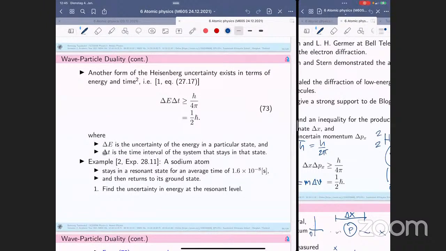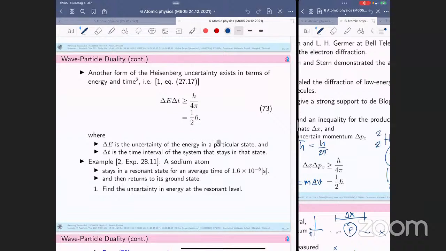Okay, it's the observation time. Okay, the period of time you want to observe the energy in that system. Okay, in a certain system.